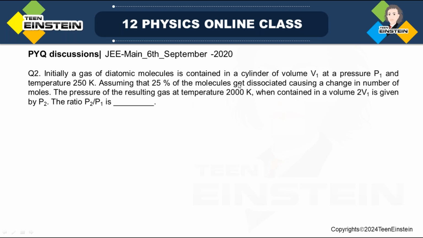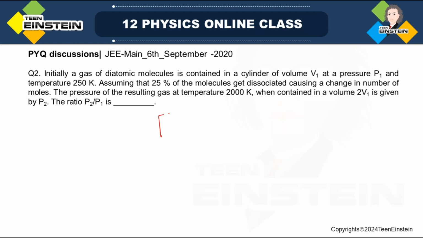Assuming 25% of molecules get dissociated, causing a change in the number of moles, the pressure of the resulting gas at temperature 2000 Kelvin when contained in a volume 2V1 is given by P2. What is the ratio of P2 by P1?